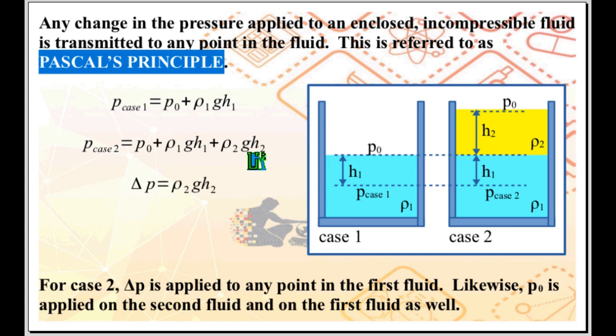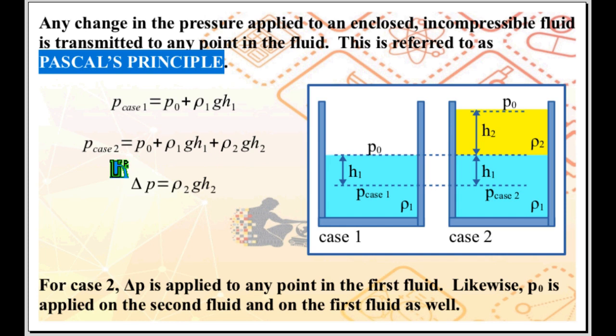ρ2 G H2, pressure due to the second fluid, is applied at the surface of the first fluid. So, Pascal's principle again, that pressure is applied at all points inside the first fluid. It's also applied at this point of depth H1 inside the first fluid. Therefore, we have plus ρ2 G H2 for P case 2.